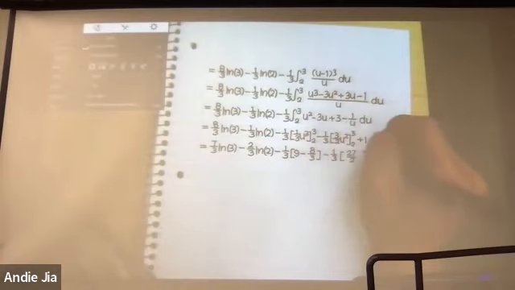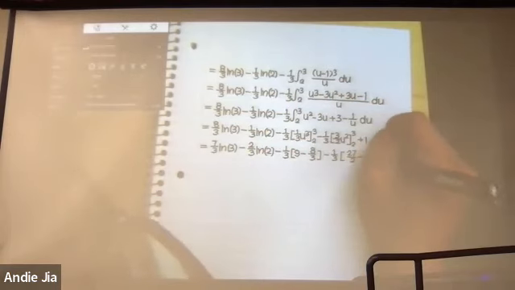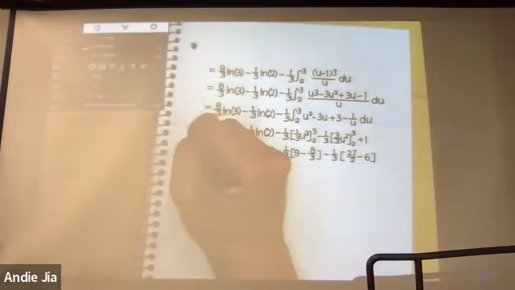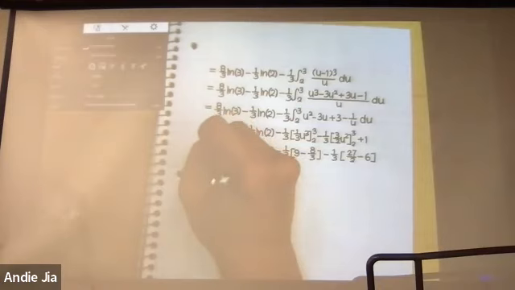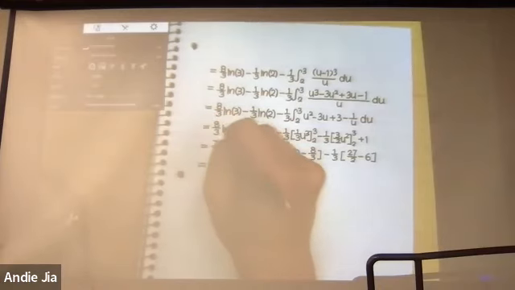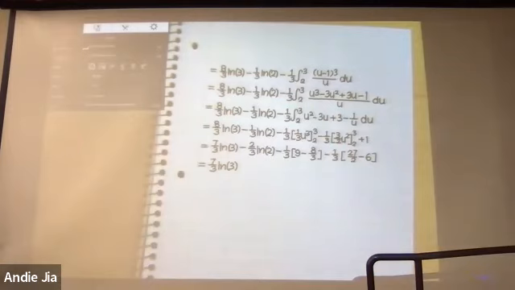Natural log of 3. Wow, this is a long integral, right?